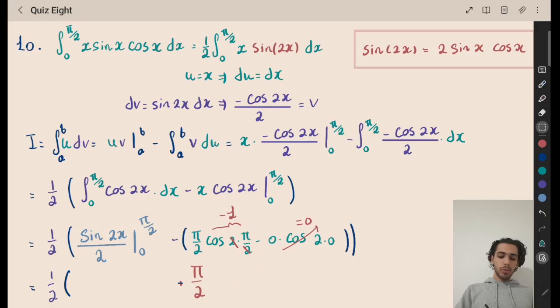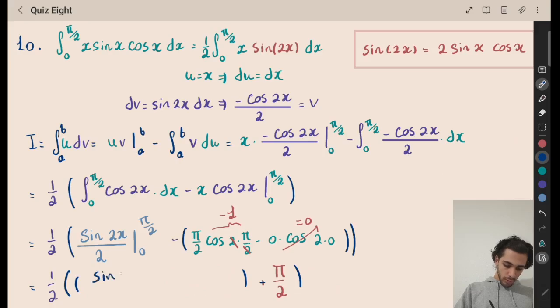And if I want to simplify this, I write down the following. Sine of 2x divided by 2. But the first time I plug in pi over 2, and the second time I plug in 0.